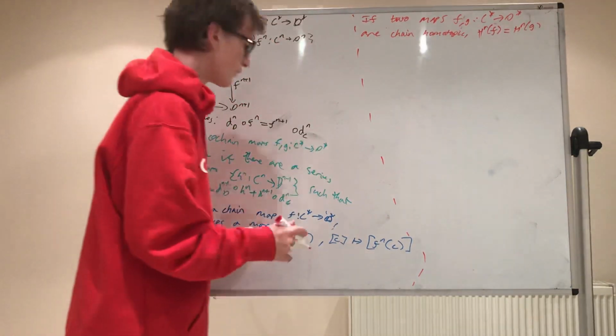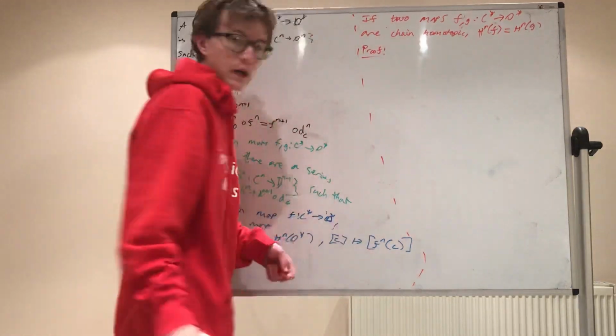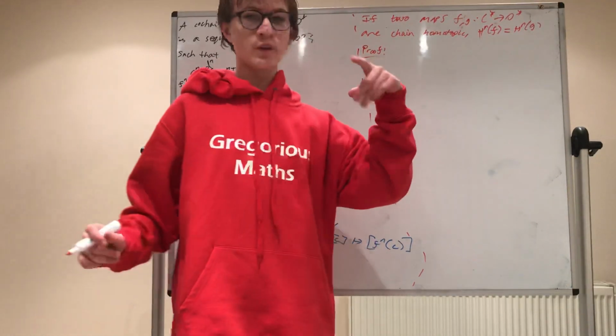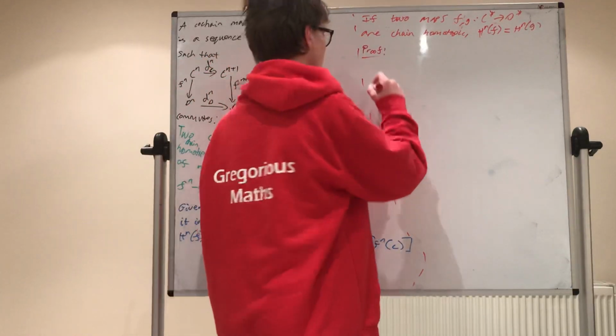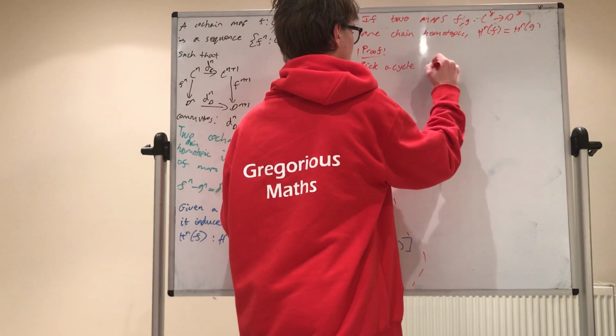And the reason for this is, well, okay, pick a cycle. An element of the kernel is called a cycle. So pick a cycle C.